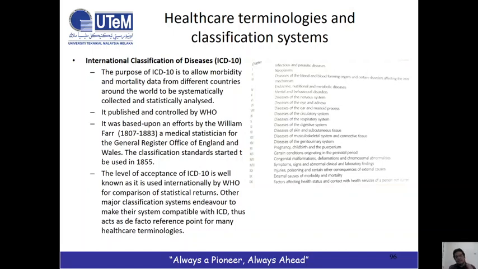This ICD-10 code is very important for the WHO or the Ministry of Health to control and report the morbidity and mortality data of the citizens of a certain country.